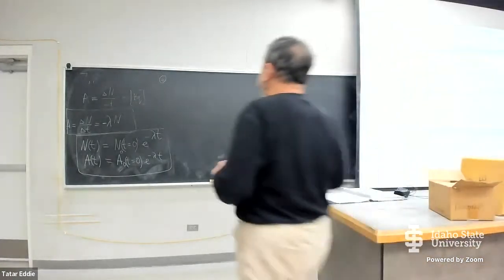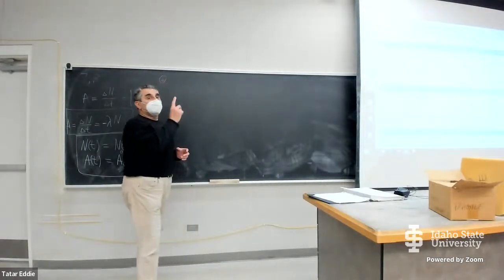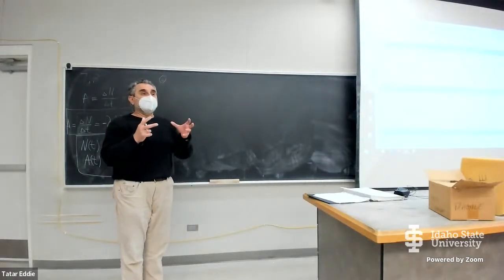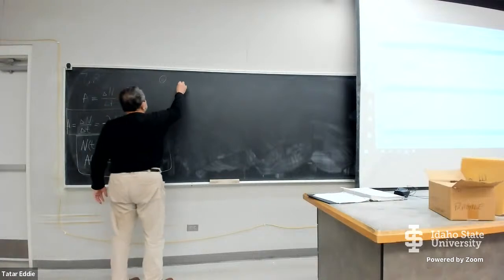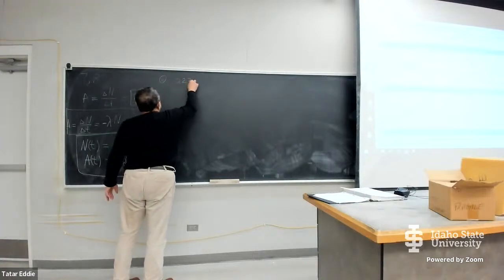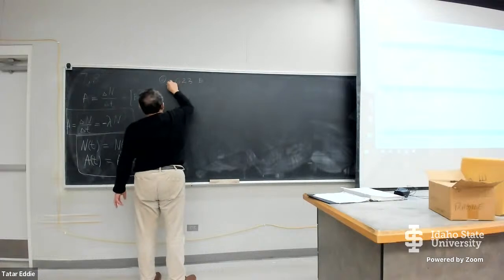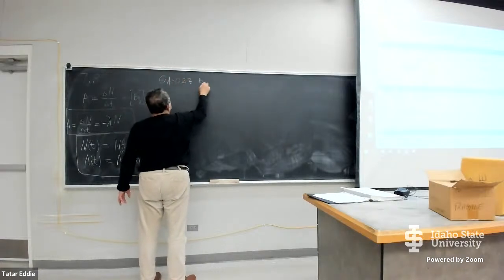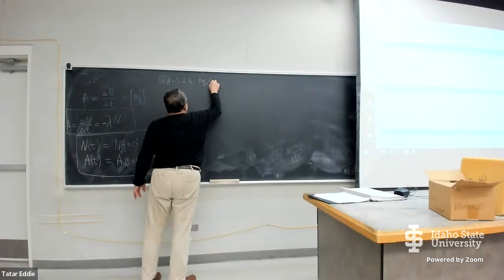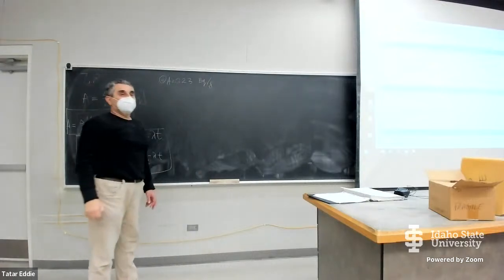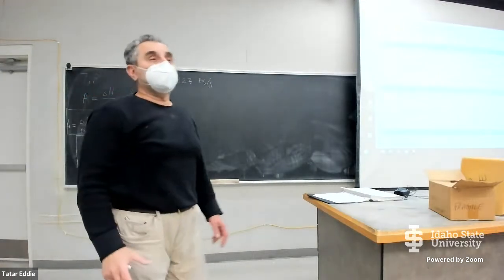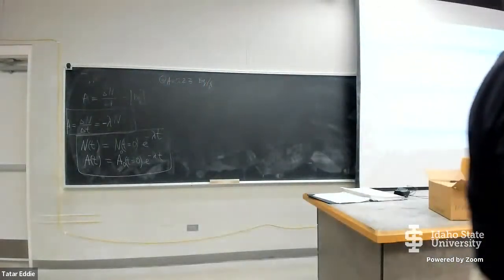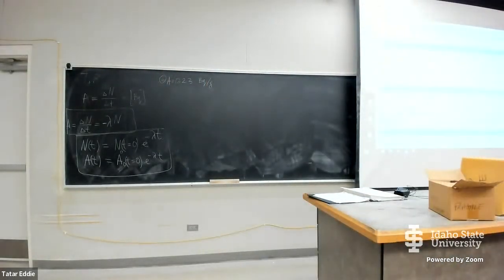The equilibrium concentration in 1 gram of carbon containing sample is 0.23 becquerels of activity for every gram of carbon. So every gram of carbon in a live sample provides you activity of 0.23 becquerel. This is when the sample is alive.